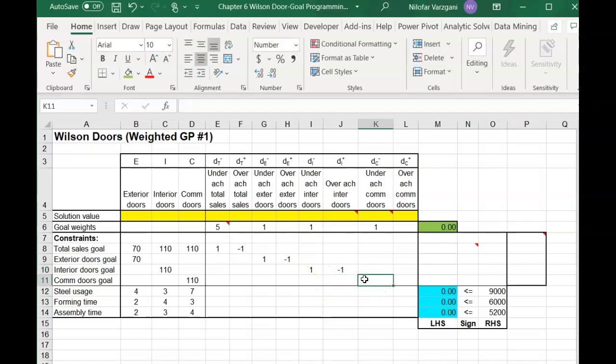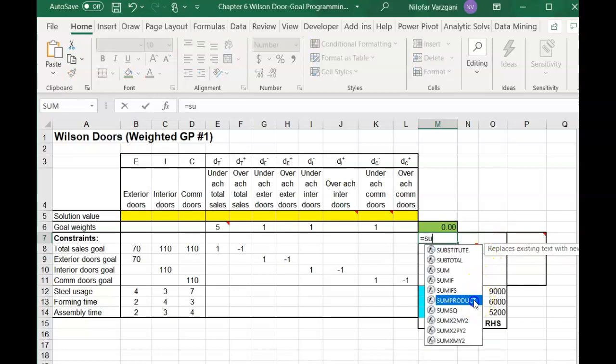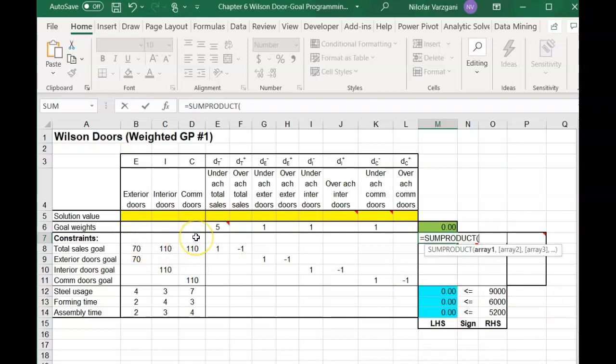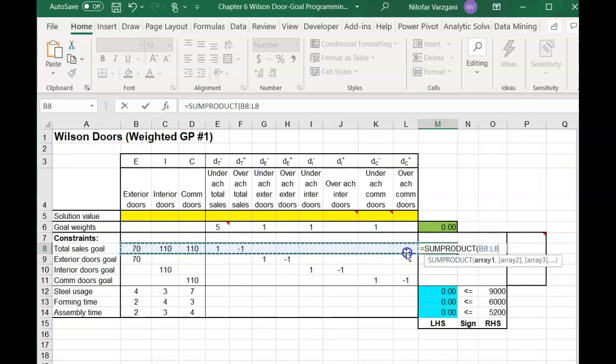And finally, plus 1 for DC negative and minus 1 for DC positive. And here in this column M, I'll put the left-hand side values for our constraint equation, which would be the sumproduct of, I was supposed to start on the next row, row number 8, the sumproduct of this row with the decision variables row.